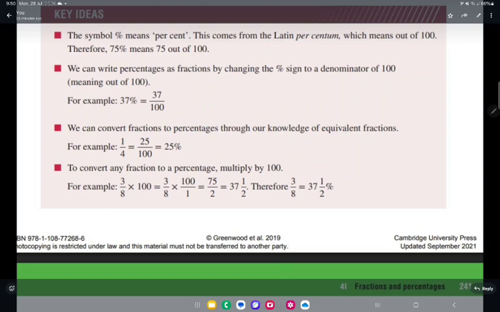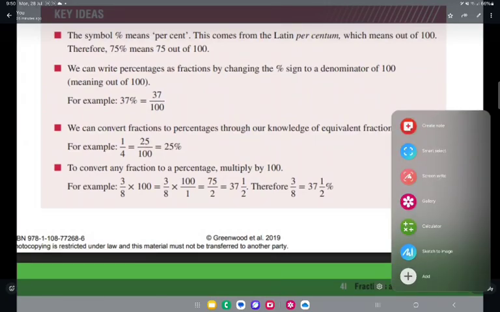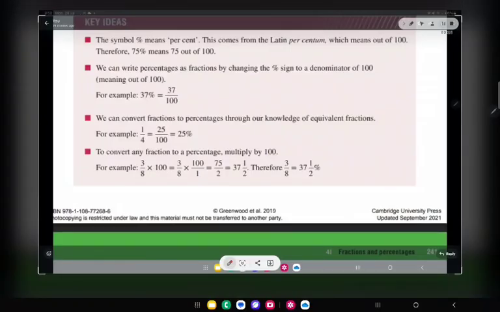It's very easy. If you see percentages and you see the name percent, the name of the topic itself tells you something: percent means per 100, which means out of 100.